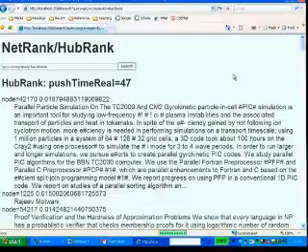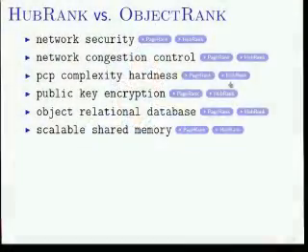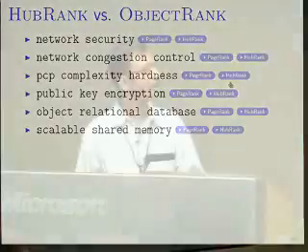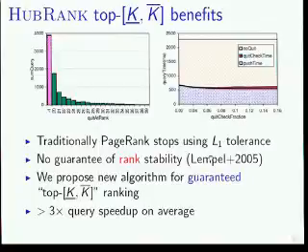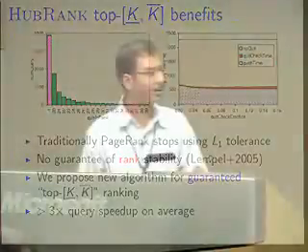So that's sort of the demo of that system. There's one other thing, which is typically when people calculate PageRank, they depend on L1 tolerance to stop the calculation. And it's known that that's no guarantee of rank stability. Ronny Lempel and Shlomo Moran had a paper last year, or 2 years back. We have a new algorithm which gives you guaranteed top K ranking, but actually it's top underline K, overline K ranking.